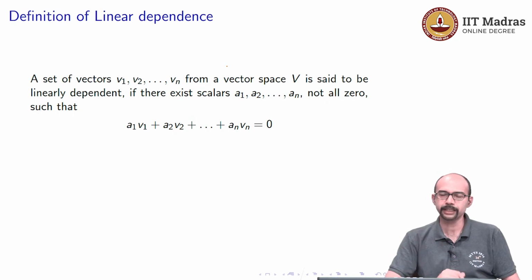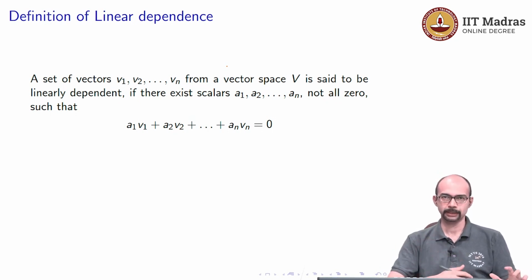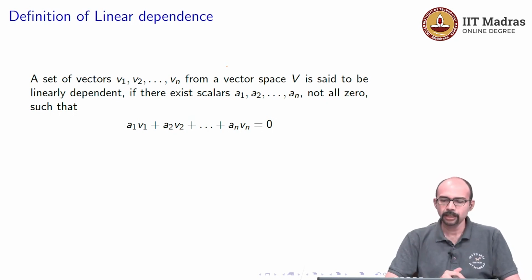Okay, so now we can define linear dependence. Keep this geometric picture in mind and keep the algebraic expressions in mind. A set of vectors v1, v2, ..., vn from a vector space V is said to be linearly dependent if there exist scalars a1, a2, ..., an, not all 0, such that a1 times v1 plus a2 times v2 plus ... plus an times vn is 0.